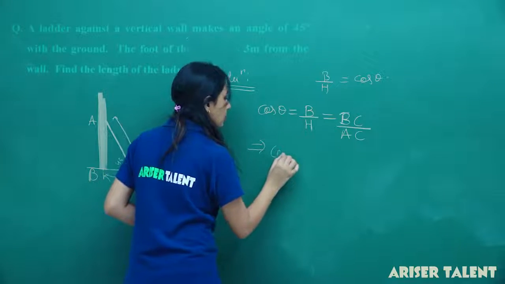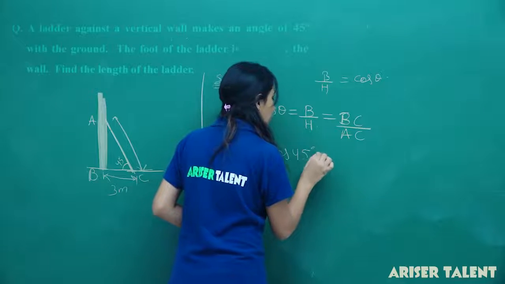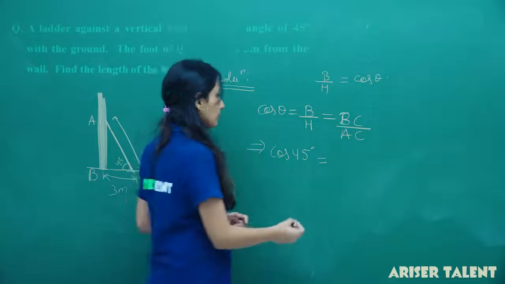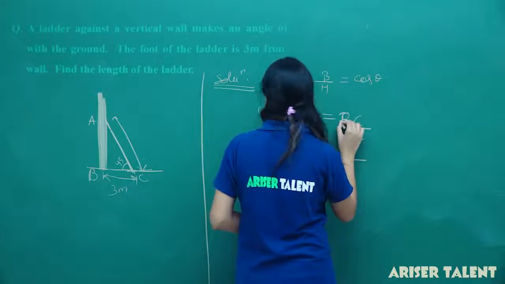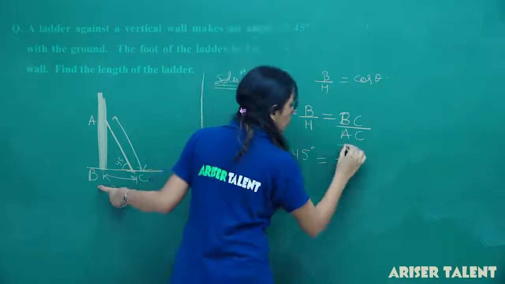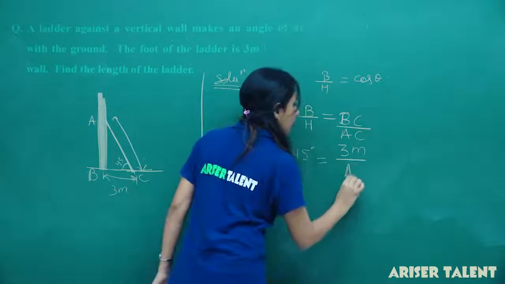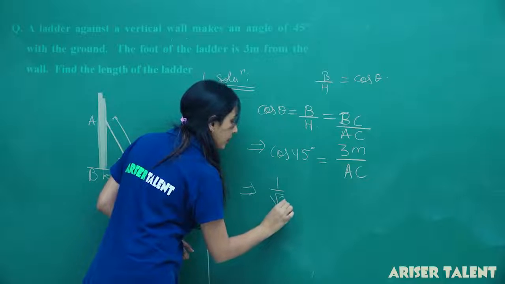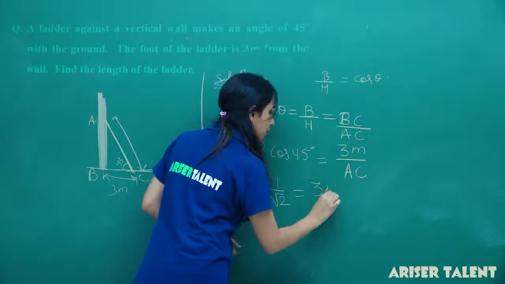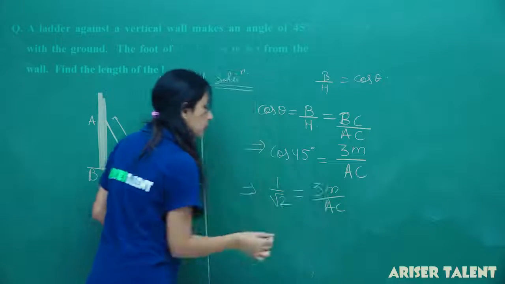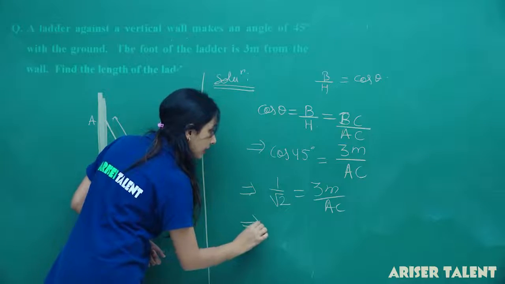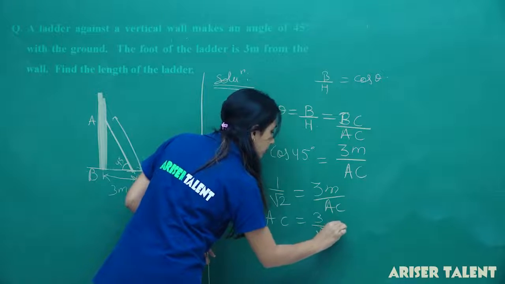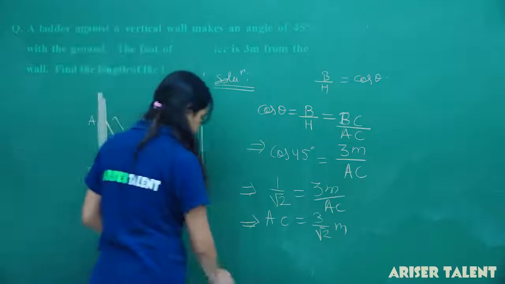That implies cos of 45 degree equals to what? 1 by root 2. And BC you have been given as 3 meters, you have to find AC. So, it will be 1 by root 2 equals 3 meters by AC. So, from here you can easily find that AC equals to 3 by root 2 meters.